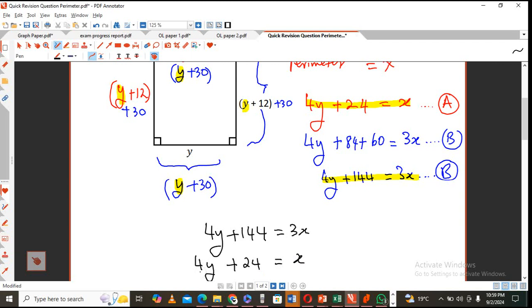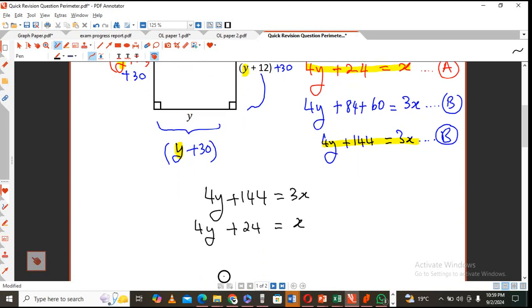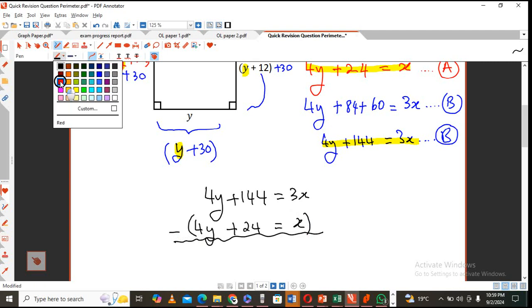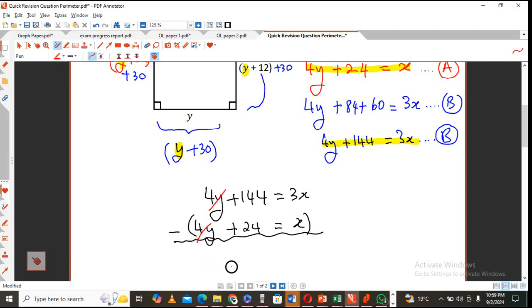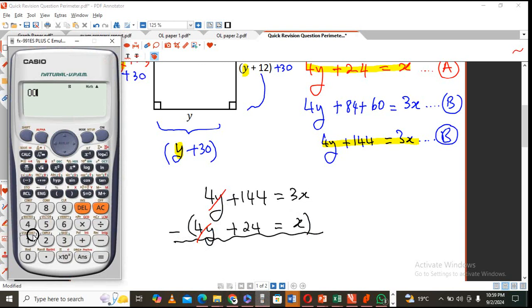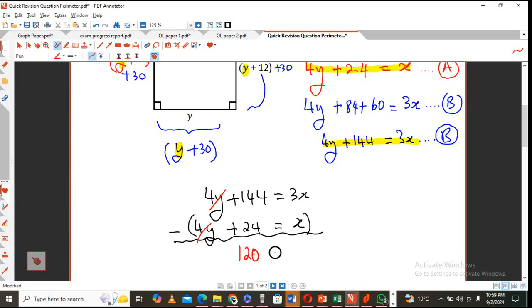If I subtract these two, this is going to eliminate the y's, so the y's will cancel. Then I have 144 minus 24, which gives me 120, and 3x minus x gives me 2x. This implies that x would be a half of 120, so x is equal to 60.